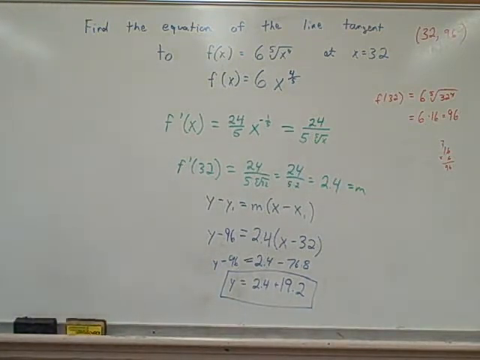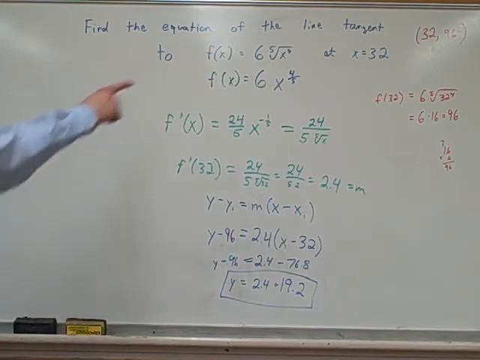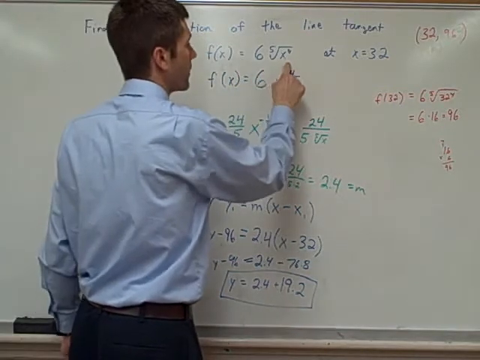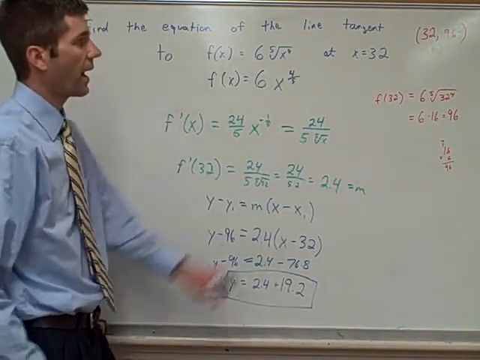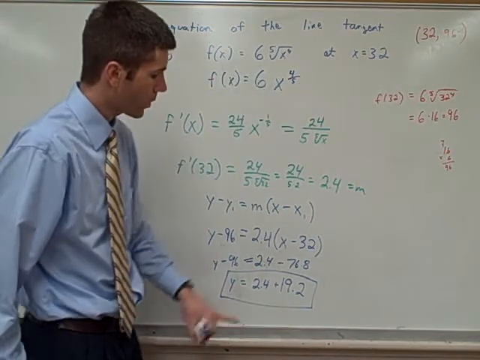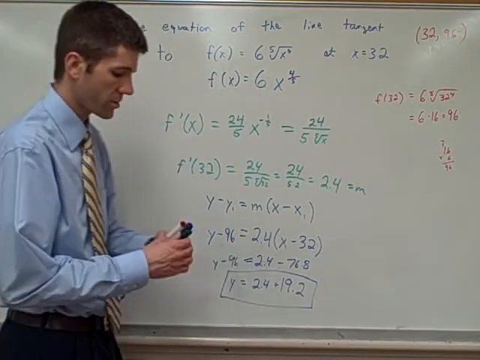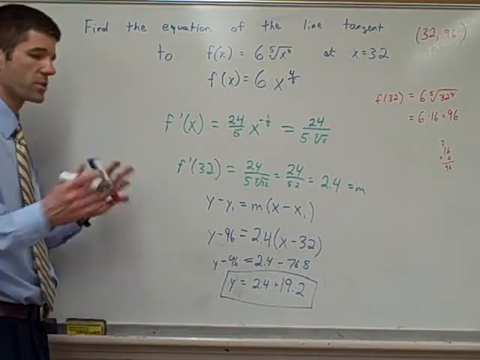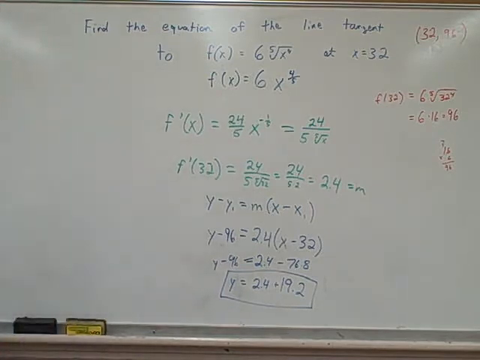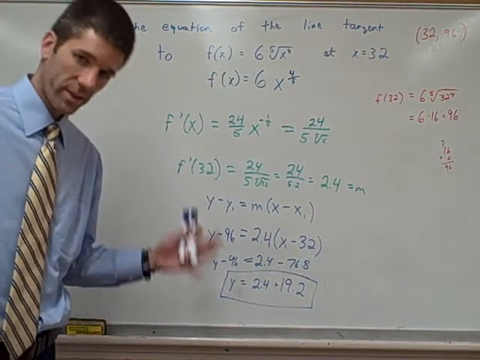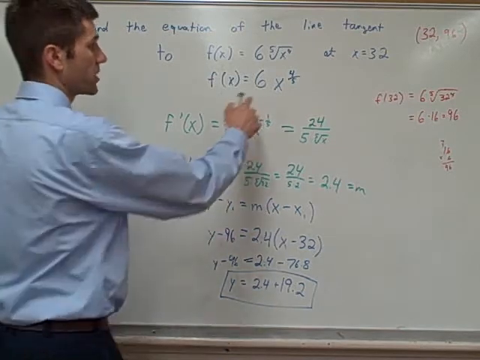That's it. Found it. If we were to graph this function, then where x equals 32, we could draw a tangent line, and that would be the equation. Just to give you a visual of what's going on here, I'm going to sketch a visual of what's happening in general. This is not specifically that.